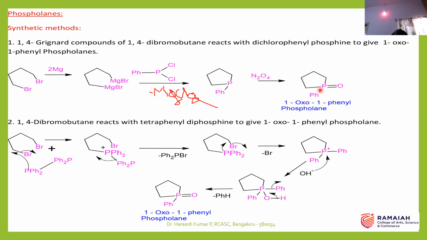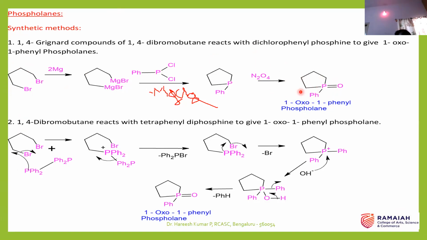So this is how 1-oxo-1-phenylphospholane is obtained, starting with the 1,4-dibromo compound treated with magnesium, followed by dichlorophenylphosphine, and the obtained compound is oxidized.